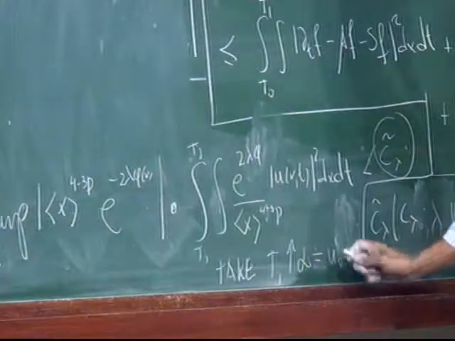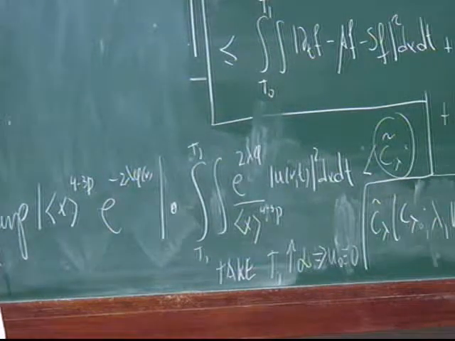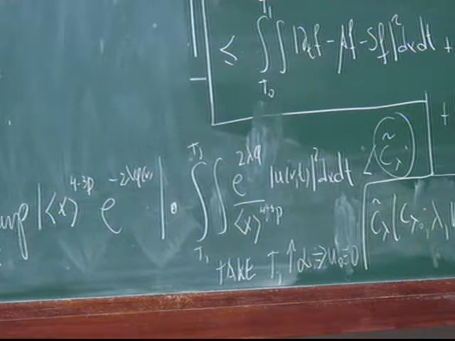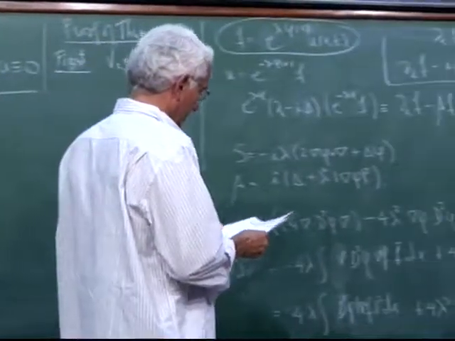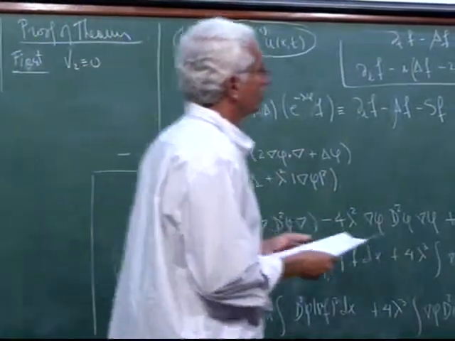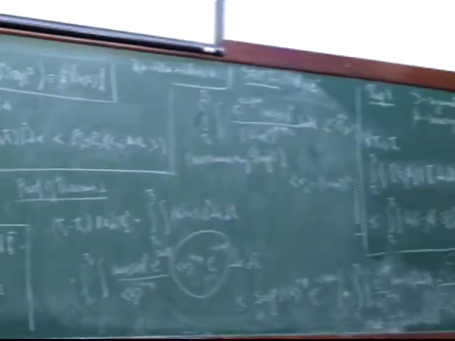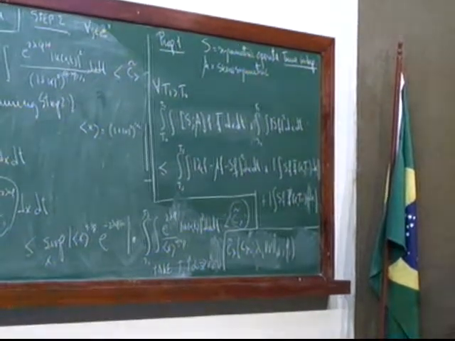Okay. Then we just need to prove this step 2. Okay? Then can I erase the proof of the theorem? Is that okay? Can I erase it?